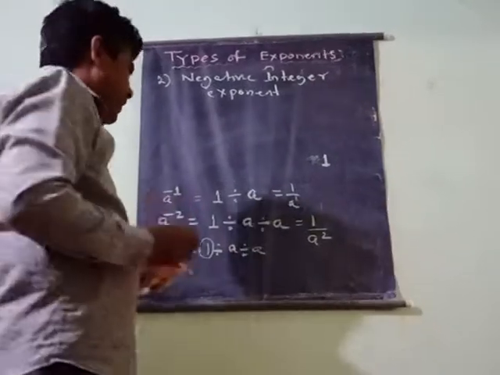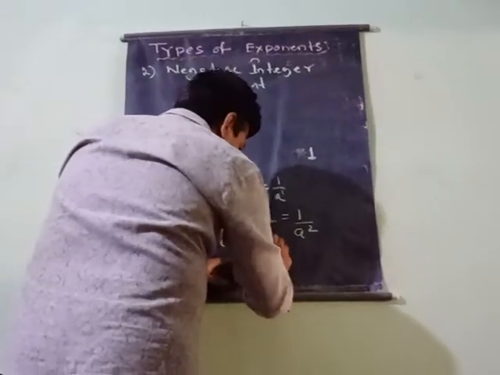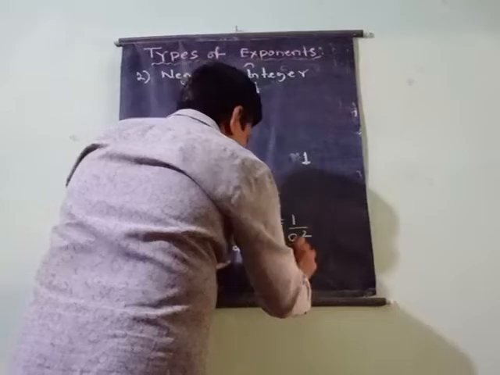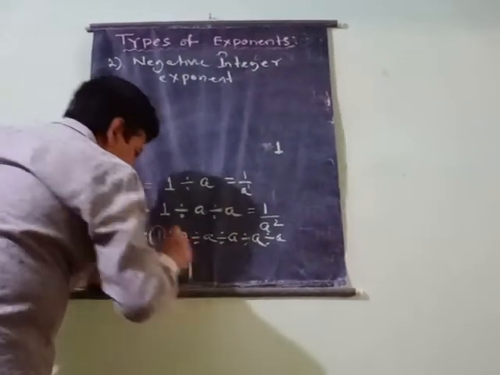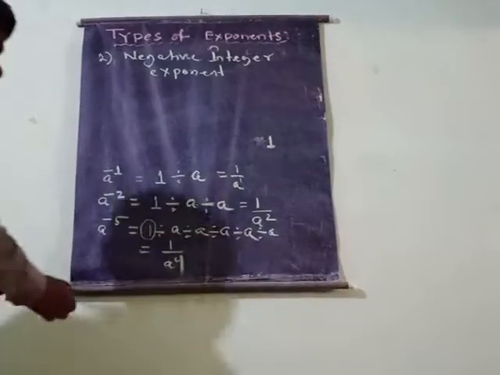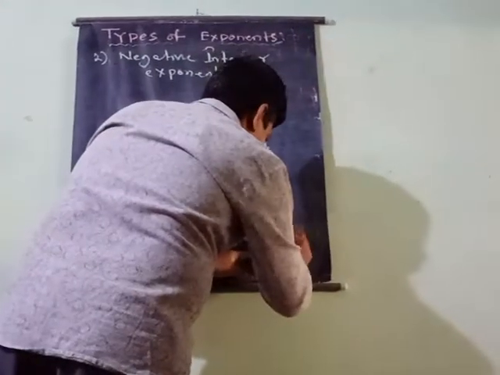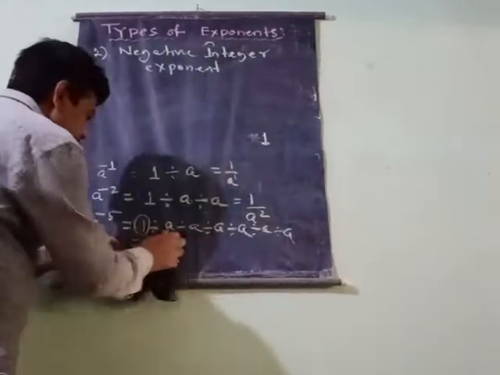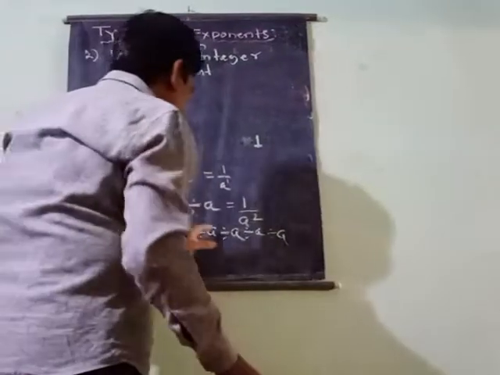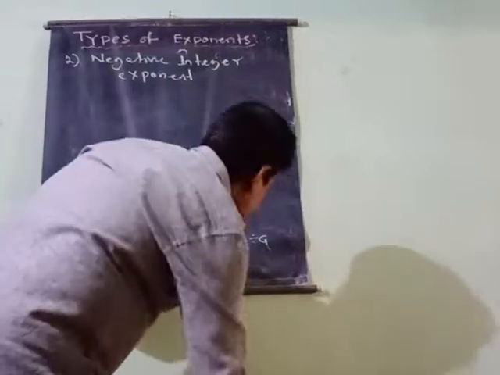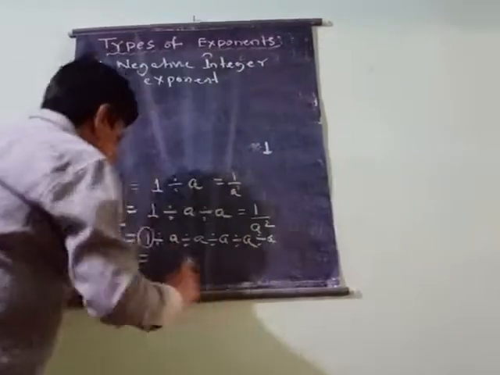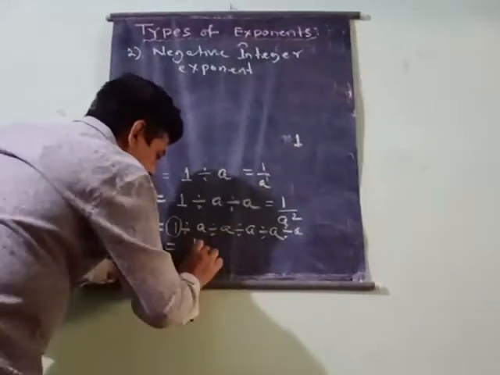How many times? 5 times. Look here: 1, 2, 3, 4 gives 1 divided by a to the power 4. How many times? 1, 2, 3, 4, 5. 5 times. So 1 upon a to the power 5.